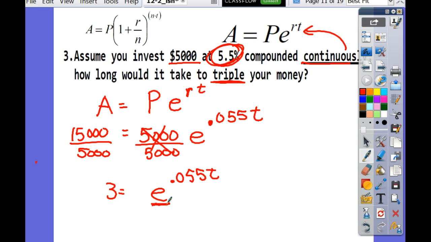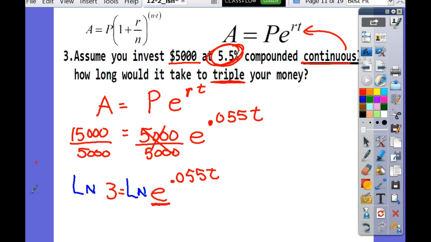The calculator has another log in it. The other log in the calculator is called a natural log, and it is base E. So we are going to take the log of both sides, but it's going to be the natural log represented by ln. Do you see the ln on your calculator?